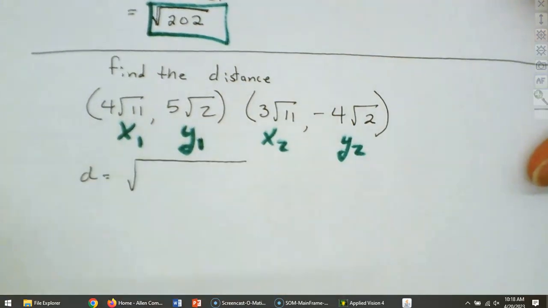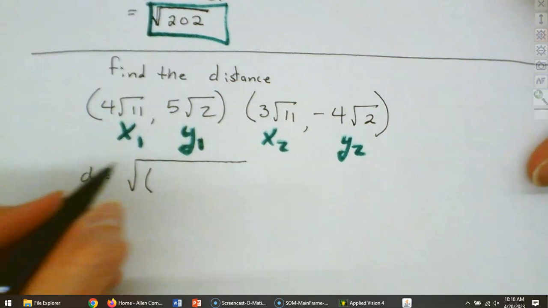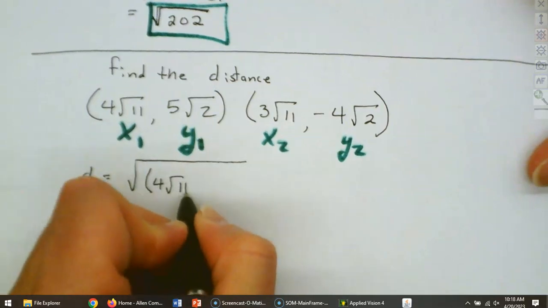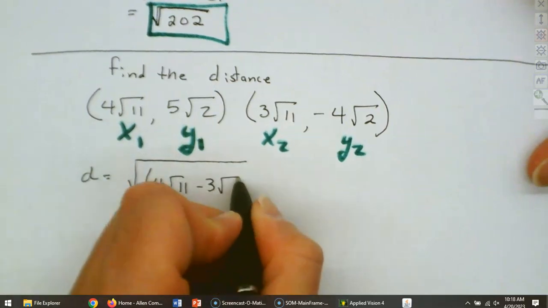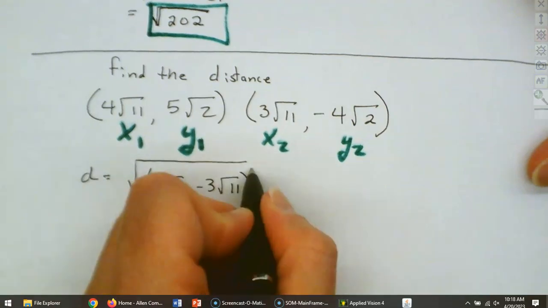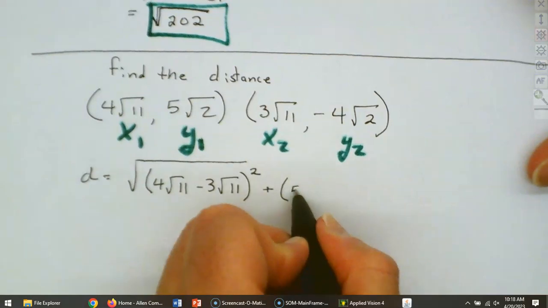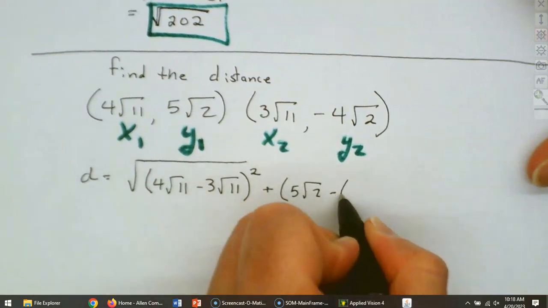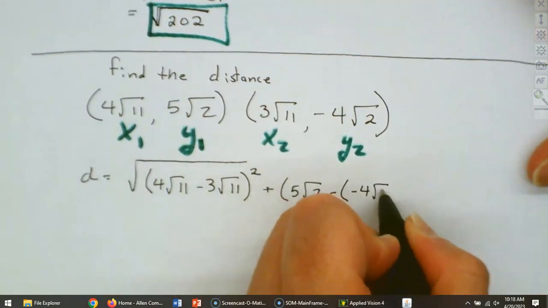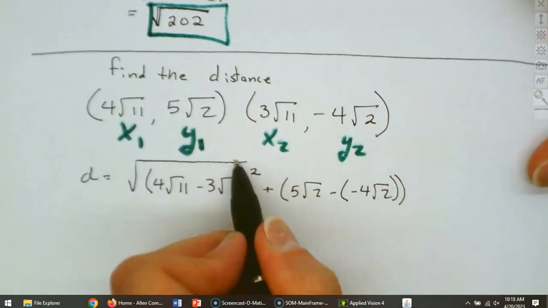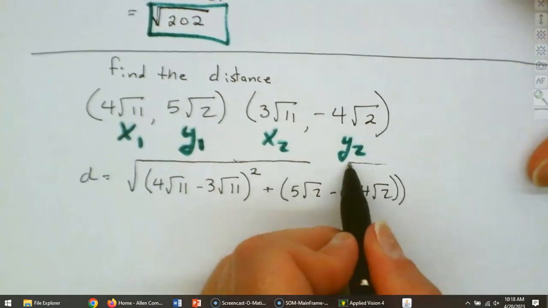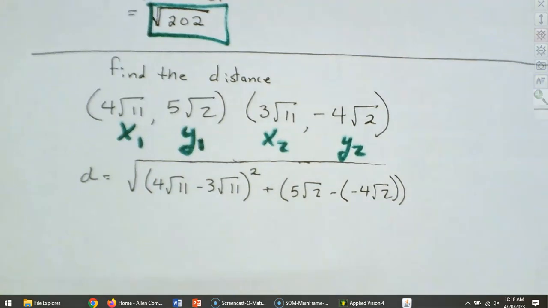So D equals now the square root of 4 square root of 11 minus 3 square root of 11. And we have to square it. We have a plus 5 square root of 2 minus a minus 4 square root of 2. So there's our formula. Now these roots can go together because these roots are the same, so think of it like an x.